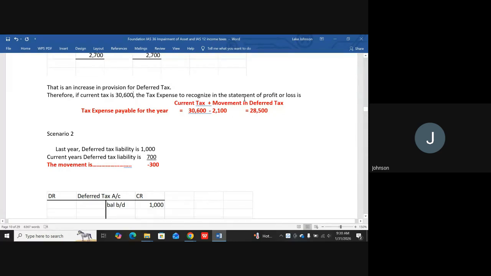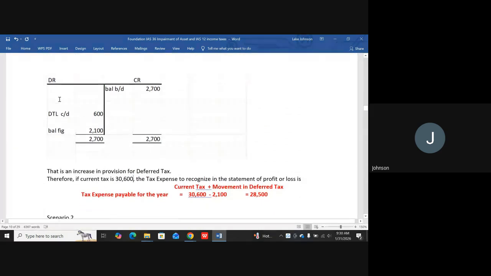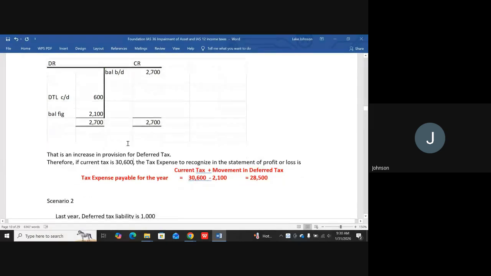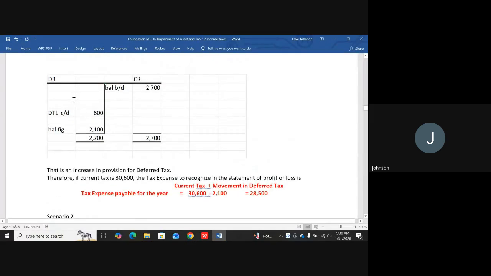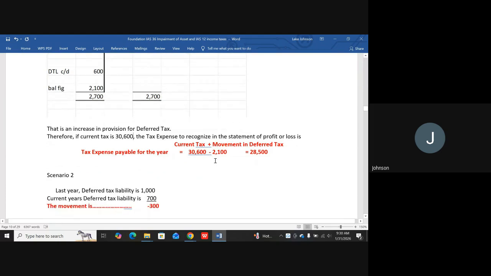And what do we have as deferred tax this period? What we have here is an asset. So we are having a negative amount. So it is deferred tax minus this. That's how we are able to get this.